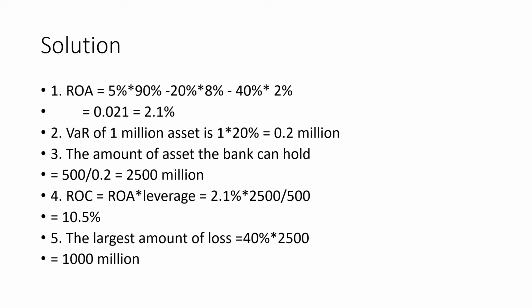3. The amount of asset the bank can hold is the bank's capital divided by value at risk per $1 million asset. The result is 500 divided by 0.2 equal to $2,500 million. 4.